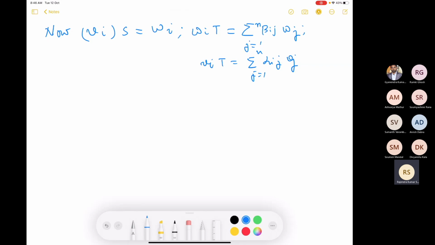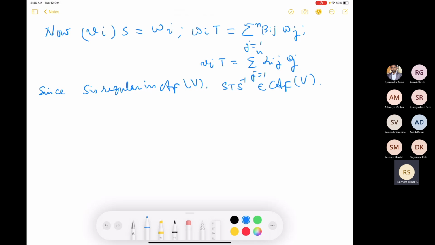Now, since S is regular, S T S inverse also makes sense. Since S is regular in A(F, V), S T S inverse is also a linear transformation.